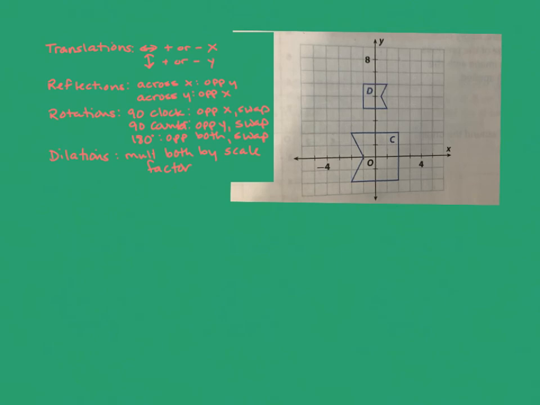Well, first thing I notice is they're facing opposite directions, so I must have had a reflection across the y-axis. So reflection across y to flip that around, right?